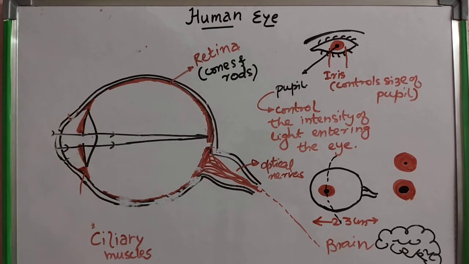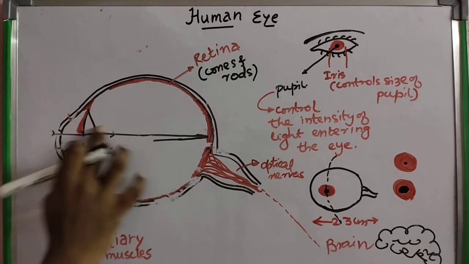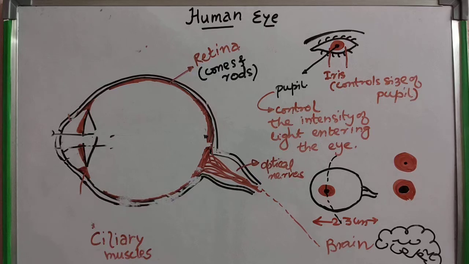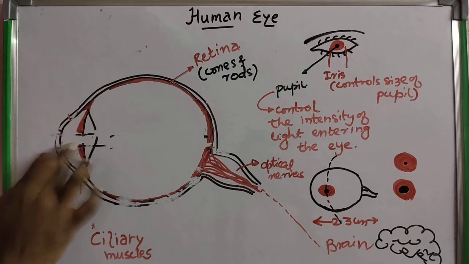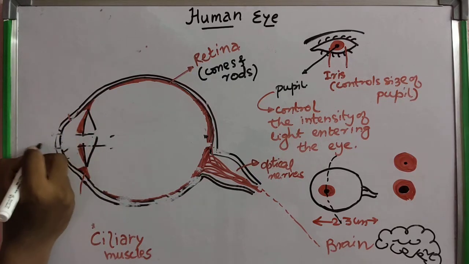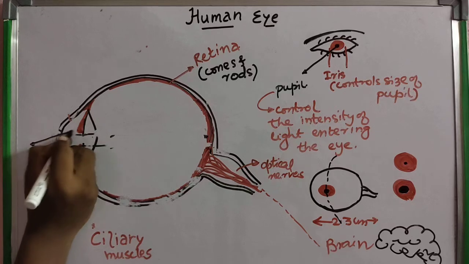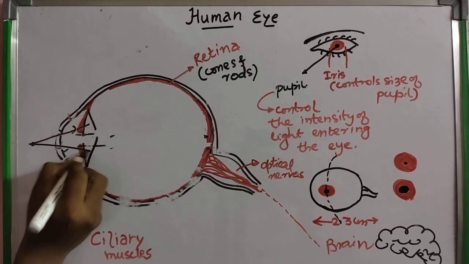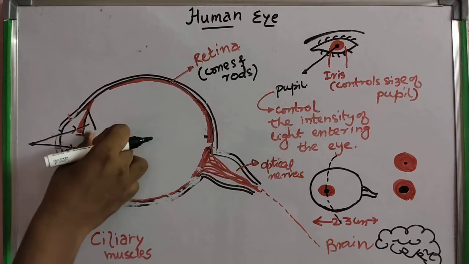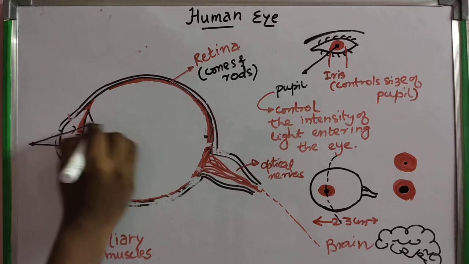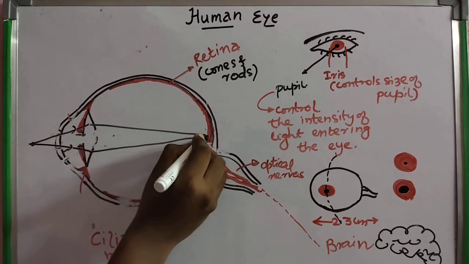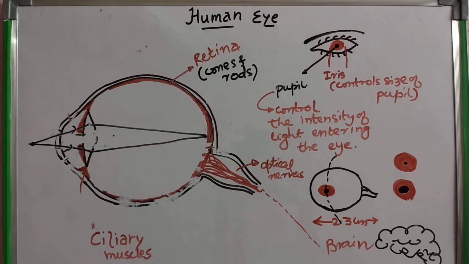Now when the object is nearby, what would happen? The rays from the object will come diverging, and after refraction, they have to again fall on the same spot on the retina.